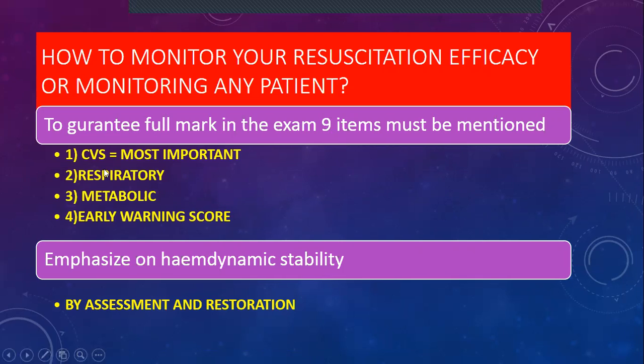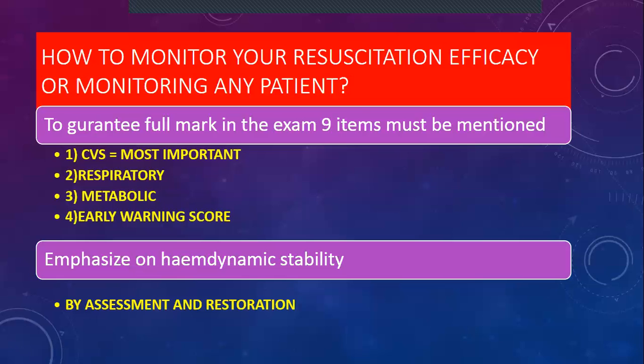You must say the cardiovascular system, which is the most important. Respiratory system, it is reflected on the cardiovascular system, and based on that, the metabolic and the early warning scores. So, and in your answer, you have to emphasize on hemodynamic stability.